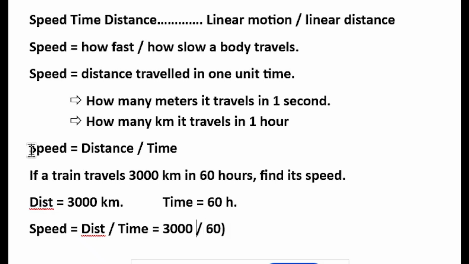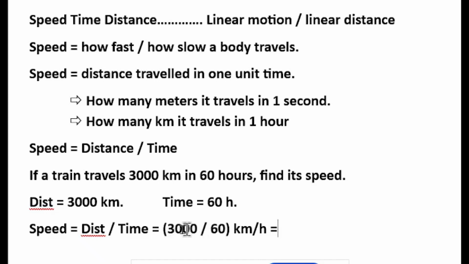Now you have to write the unit. First, numerator. Numerator unit is kilometers, divided by the denominator unit, hour. Numerator 3,000 kilometers, denominator 60 hours. So kilometers divided by hour. First write the units for numerator, then units for denominator.